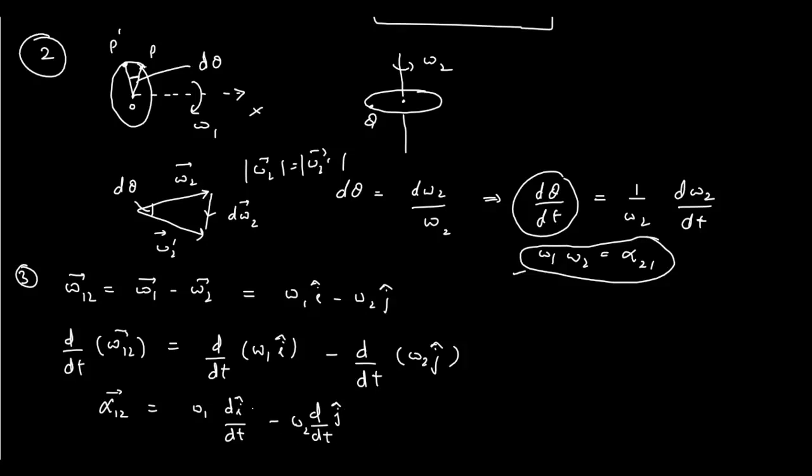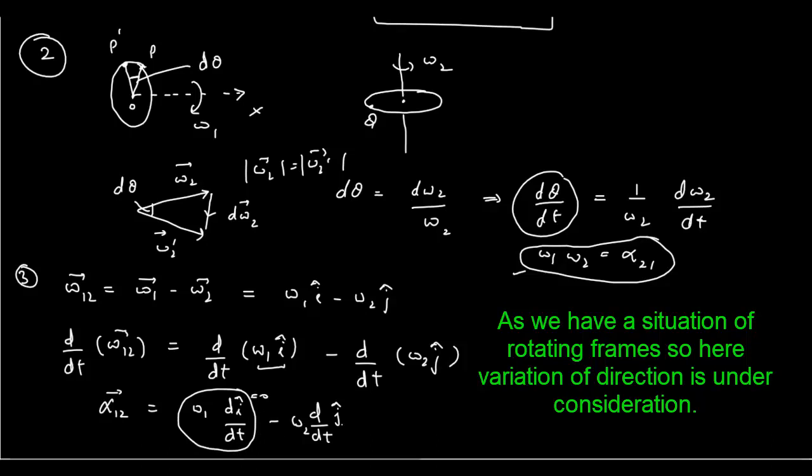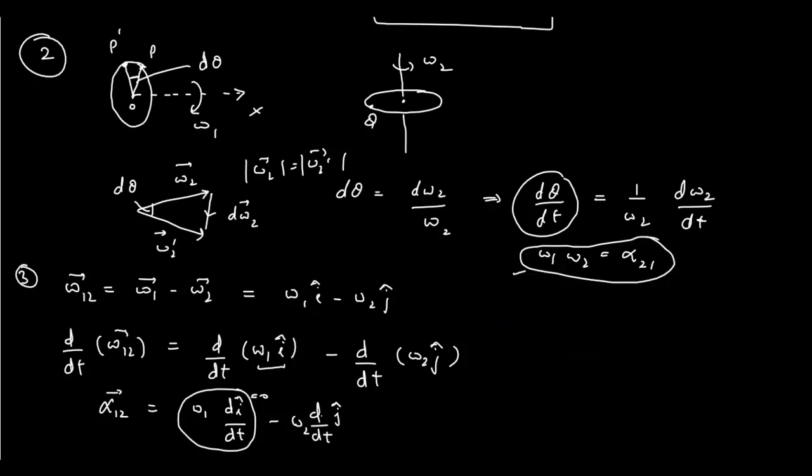As the angular velocity of the first object with respect to which we are calculating the angular acceleration of 2 is constant, this part is 0. Clear? And here we have to be careful that we are trying to calculate this dj cap by dt. Now this dj cap is not a unit vector. Clear? So this dj cap is something else.